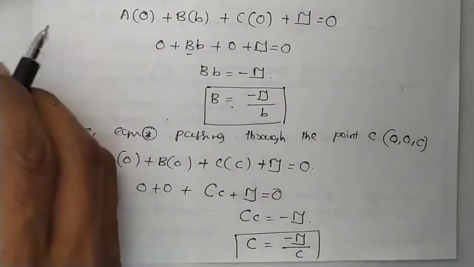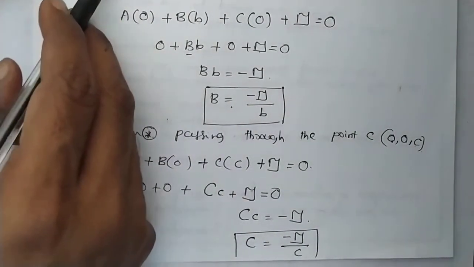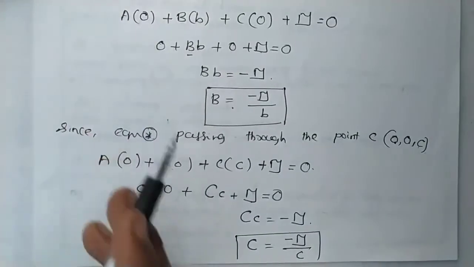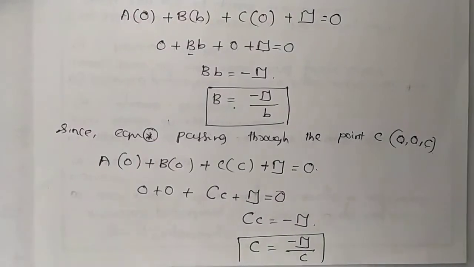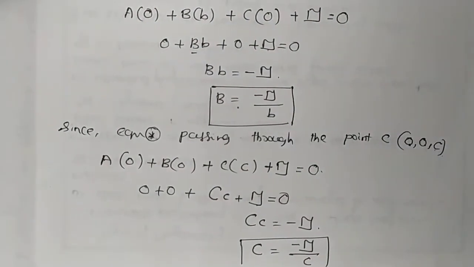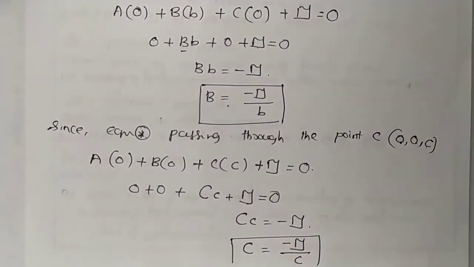Now we have to substitute these capital letters A, B and C in the equation star. That will be the intercept form of the equation of a plane.